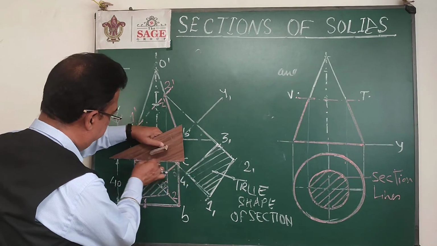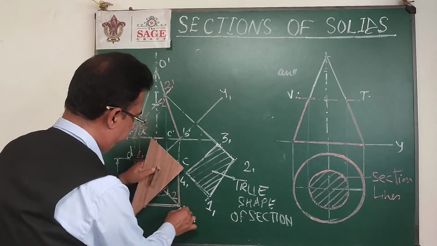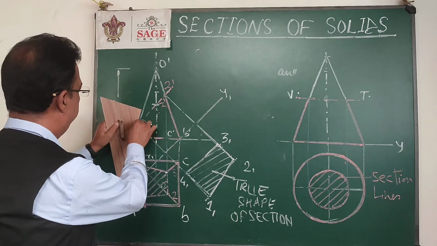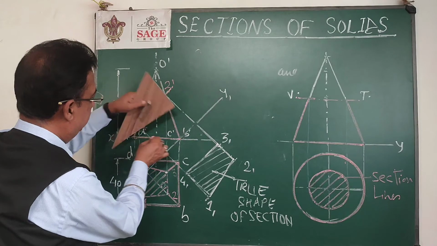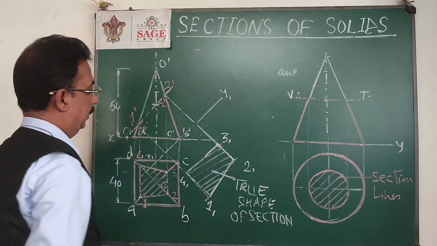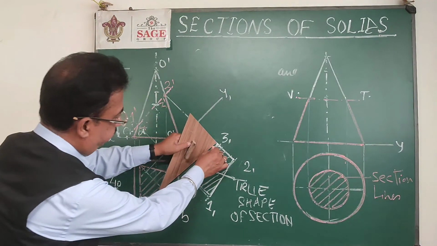So this is one of the basic problems of section of solid, when the solid will be cut by a section plane which is inclined to HP and perpendicular to VP.